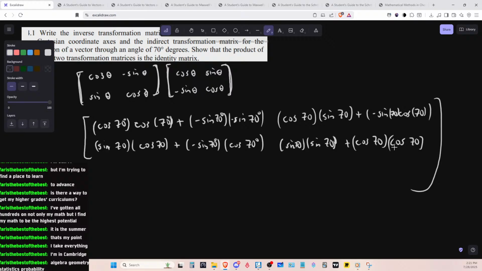We all know that regardless of what theta is, it's always going to equal 1. And these will equal 0 because this one's the negative version of this. So I think we have shown that they're all equal to the identity matrix. That one was pretty easy.